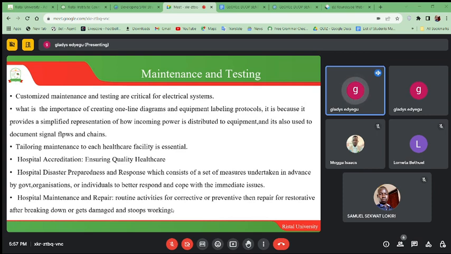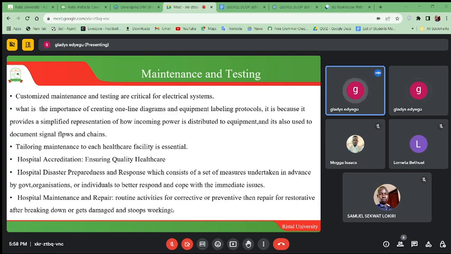We really know that accreditation is very key, and I remember the previous topic we handled was in relation to hospital accreditation. Hospital accreditation looks at basically the quality of care that we provide to our clients.